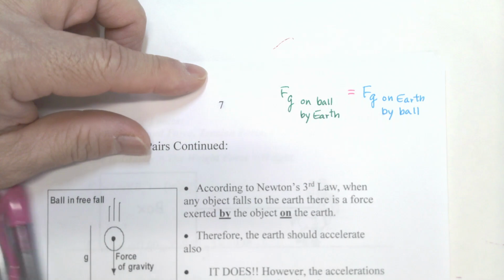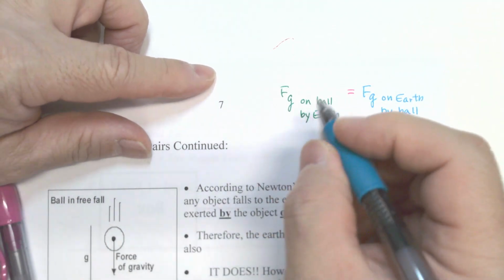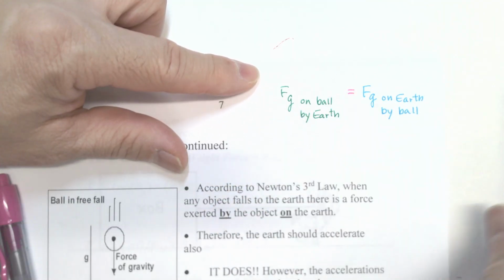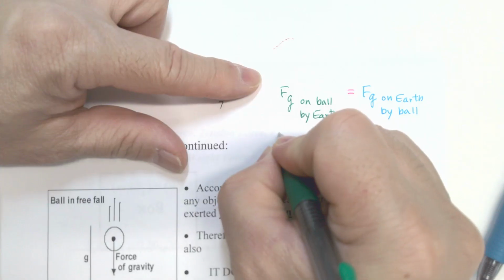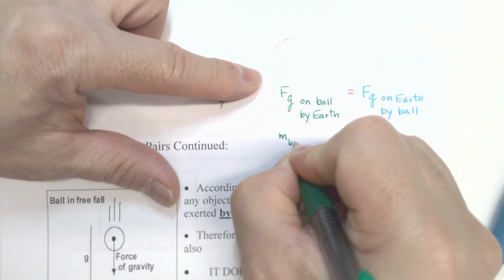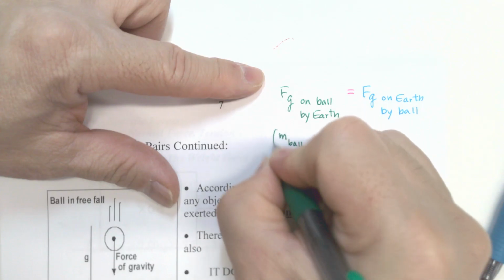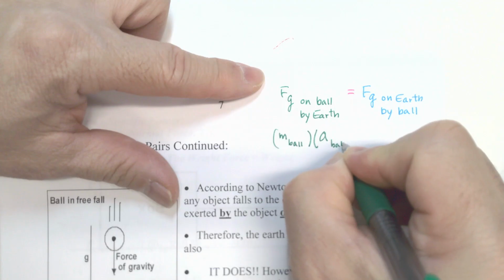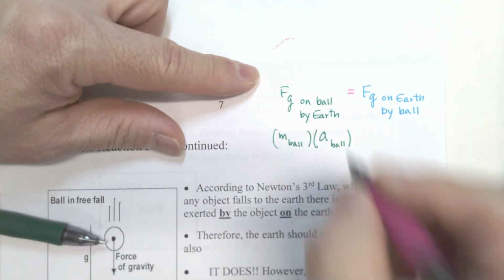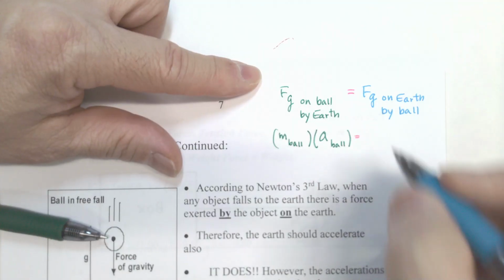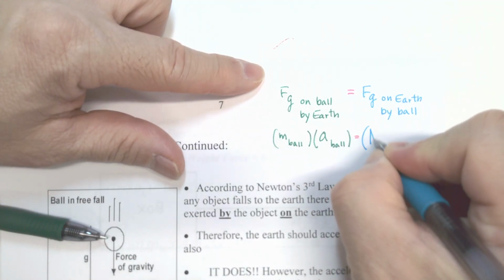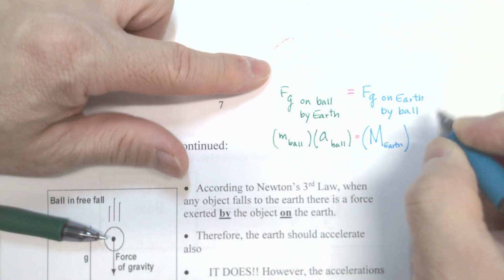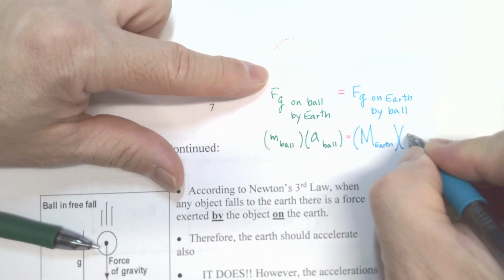The mass of the ball times the acceleration of the ball. So Fg is equal to simply m ball times acceleration of ball. That has to equal the mass of Earth times the acceleration of Earth.